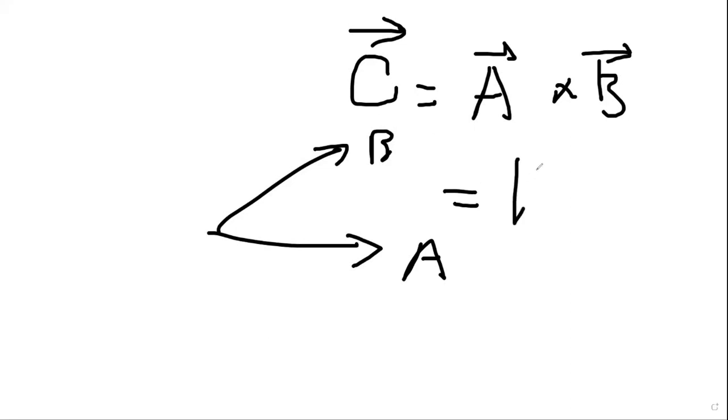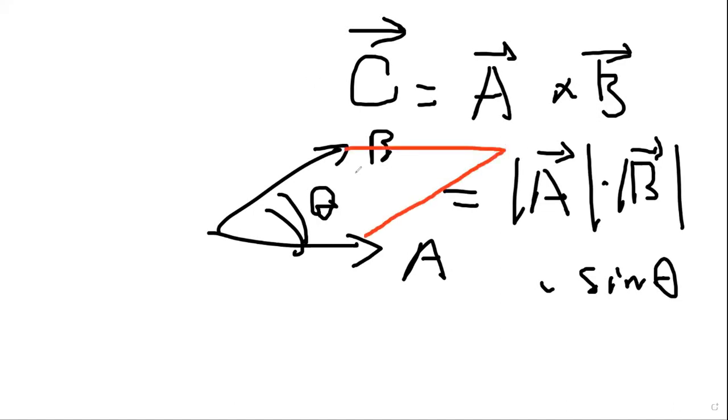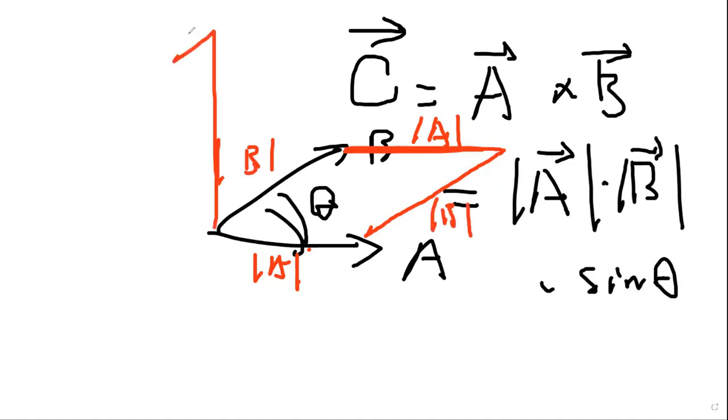The magnitude of C is the absolute value of the A vector times the absolute value of the B vector times sine theta, where theta is the angle between A vector and B vector. So this roughly is equal to the area formed by here, the length of A, and here, the length of B. And then C vector is in this direction.